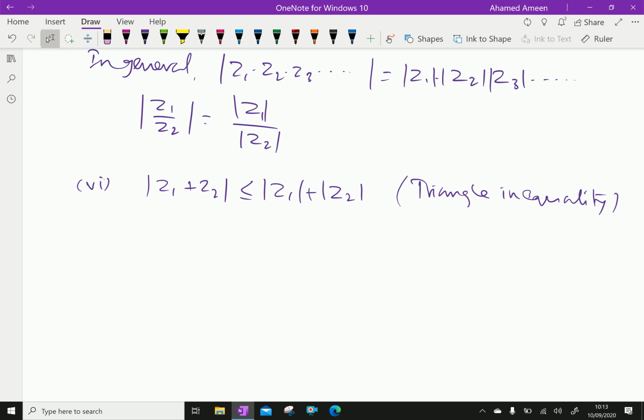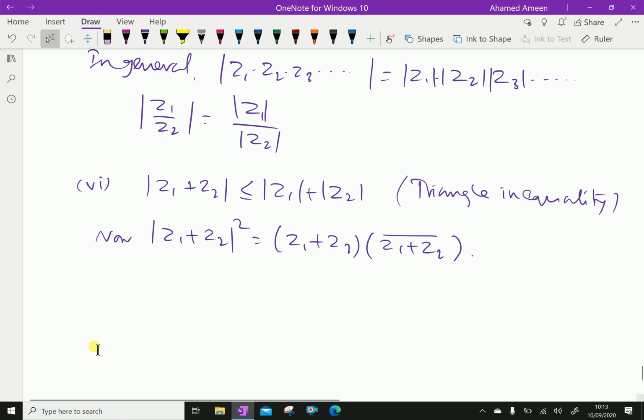Now we'll prove this. Take modulus of z1 plus z2 squared equal to z1 plus z2 into the conjugate of z1 plus z2, because the product of a complex number and its conjugate is equal to the modulus squared of that complex number.